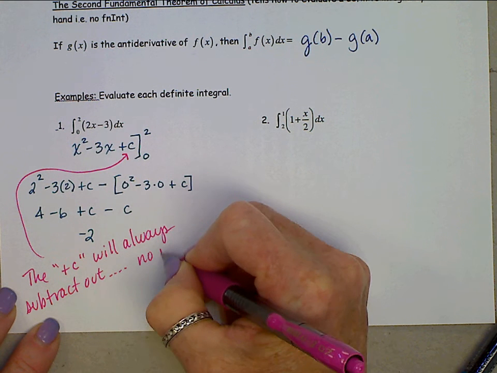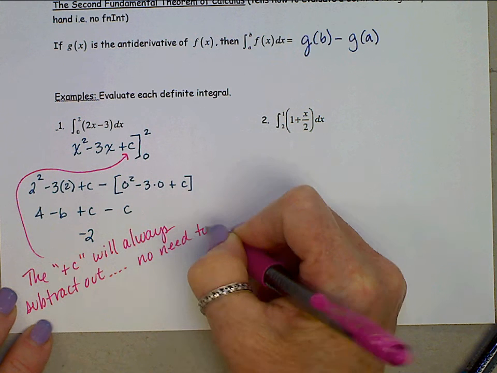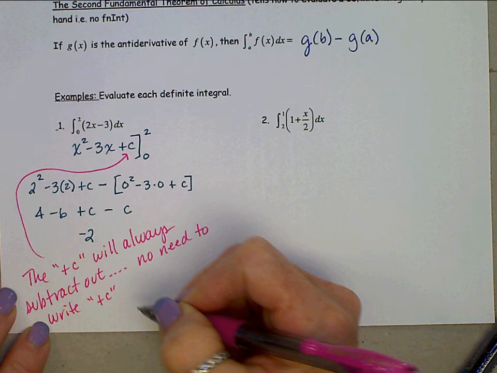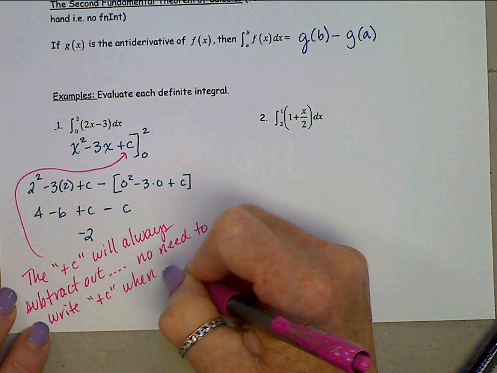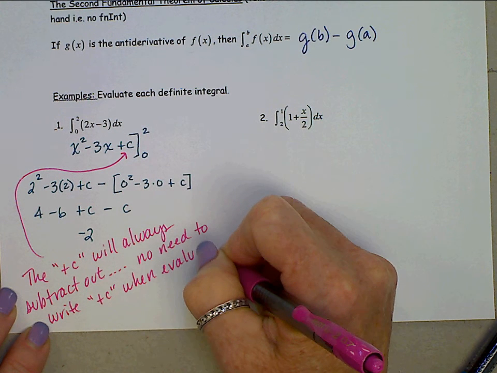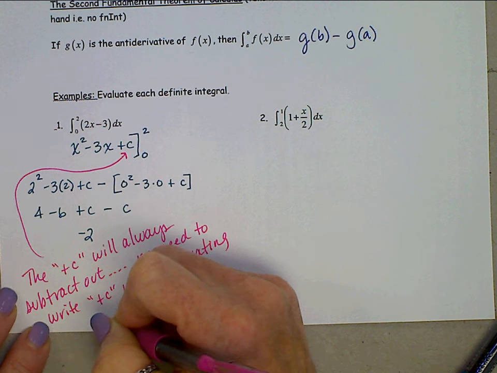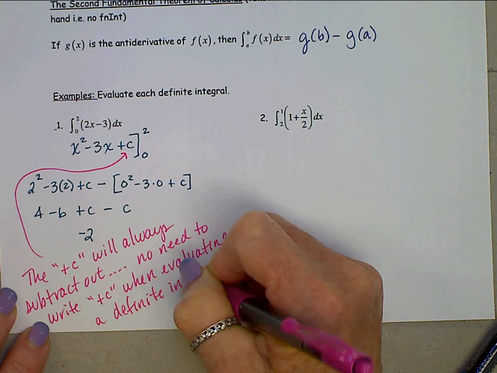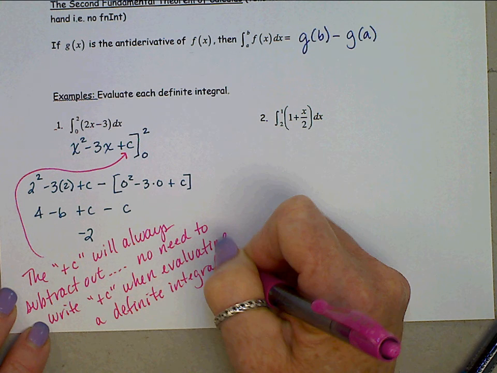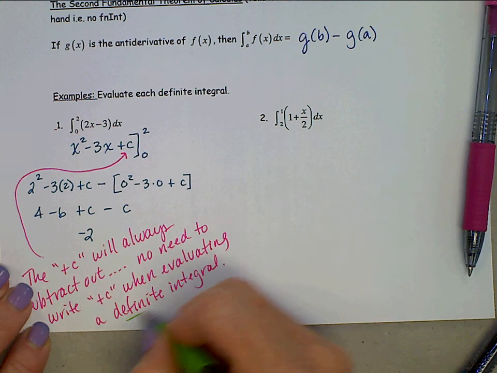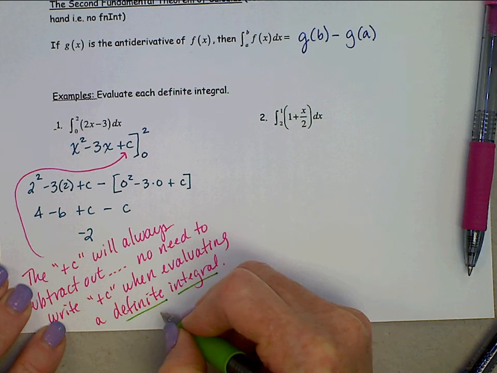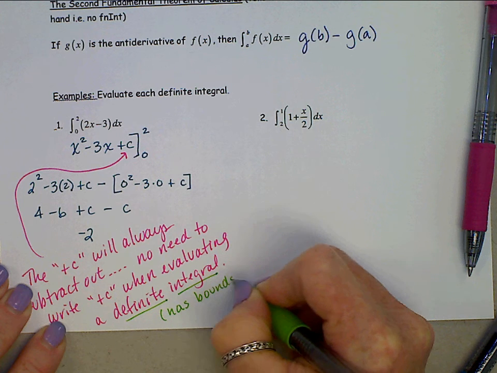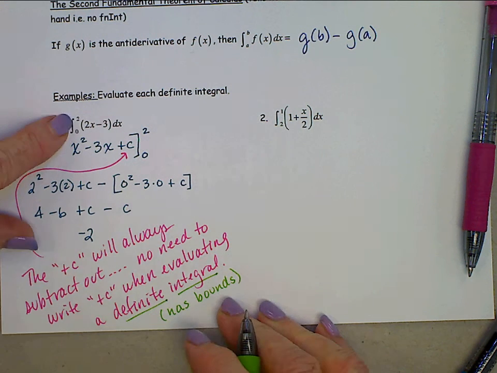So there is no need to write plus c when evaluating a definite integral. Now, a definite integral is one that has bounds. So we've got this 0 and 2 bounds up here.